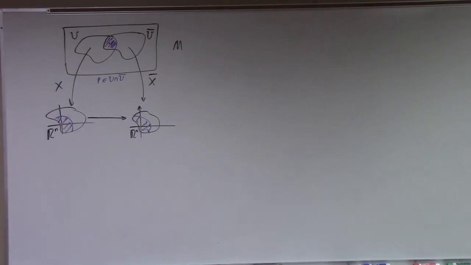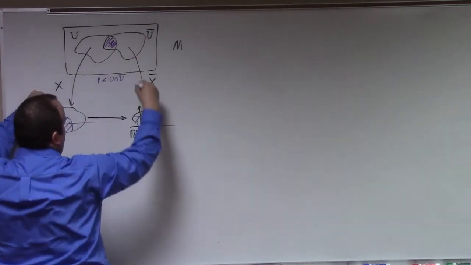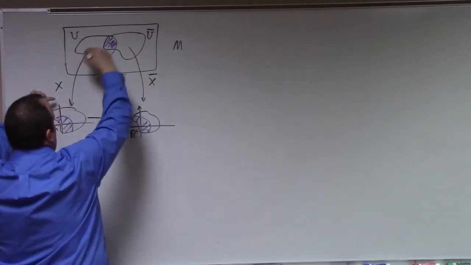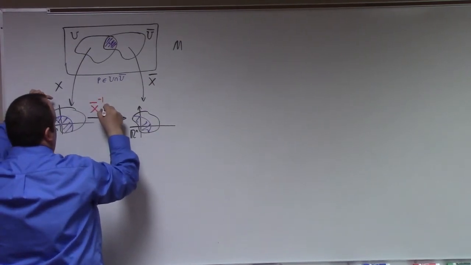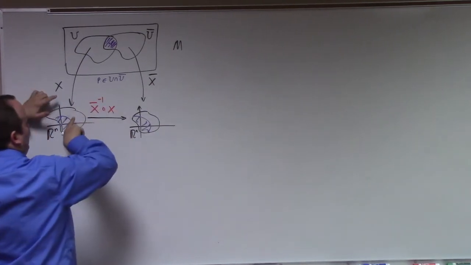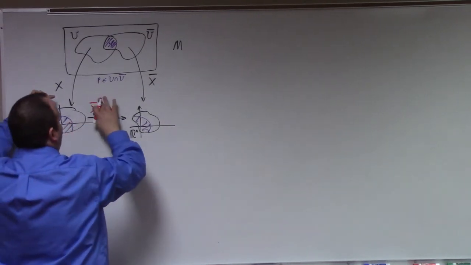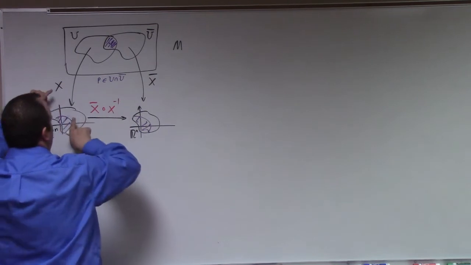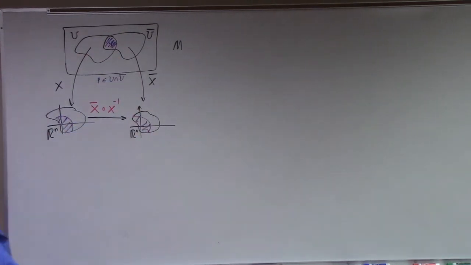Anyway, like that, right? So I want x bar inverse composed with x. See, because, oh, I'm an idiot. Try that again. x inverse composed with x bar. There we go.